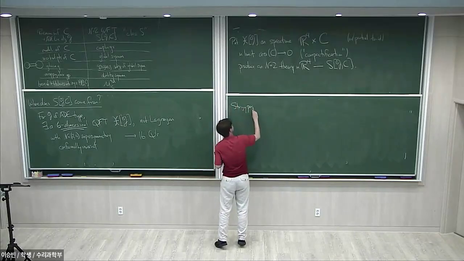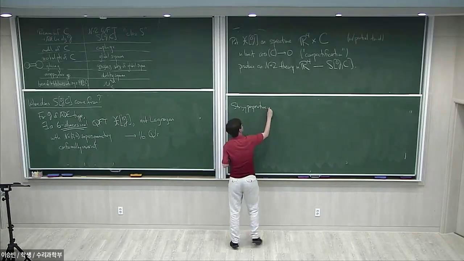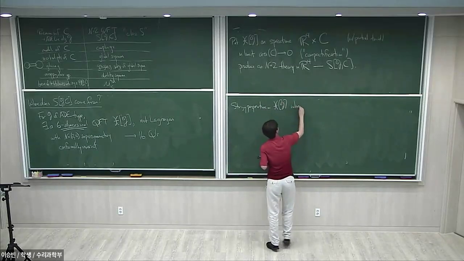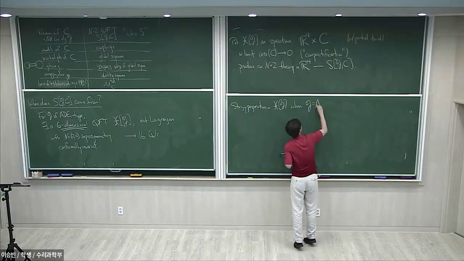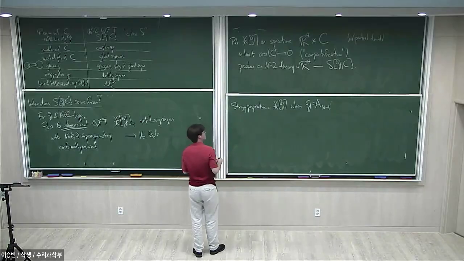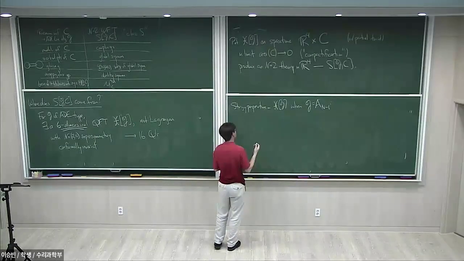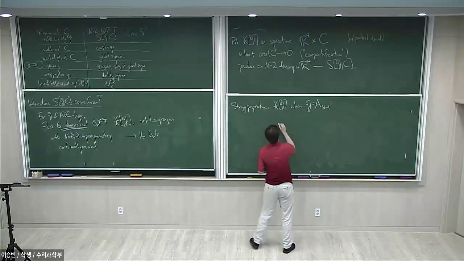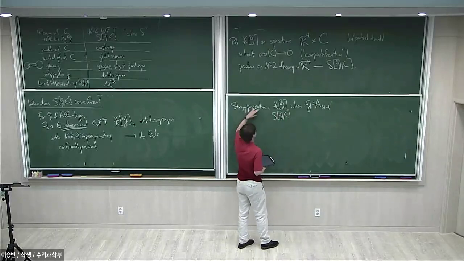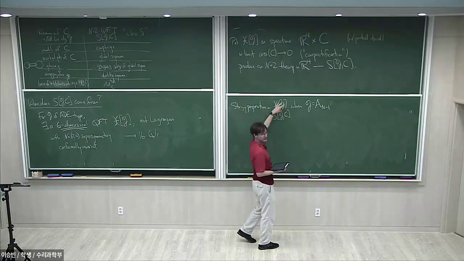So the stringy perspective on this quantum field theory, at least for A-type. So for A-type, well, actually, let's directly talk. Let's do it all in one step. So let me give you directly the stringy perspective on this compactified theory.